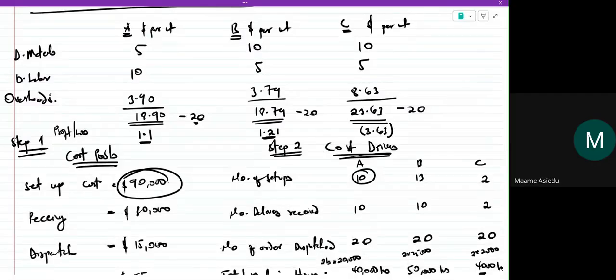So using the ABC, we have been able to, in much detail, allocate the cost towards each product. And we can see that whereas the traditional costing system said product A was the loss-making product, it turns out that product C is the loss-making product. Because you see, we are producing less of this product, right?